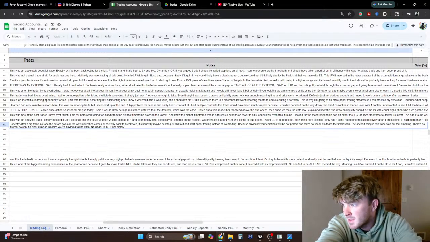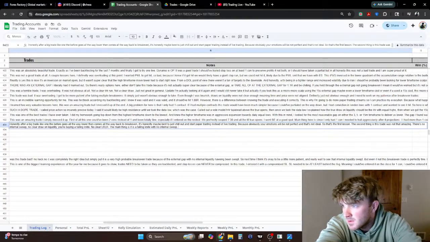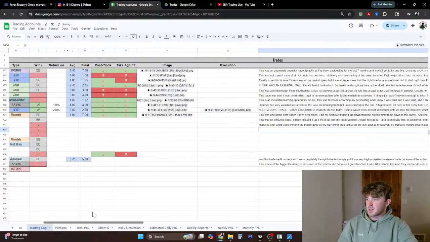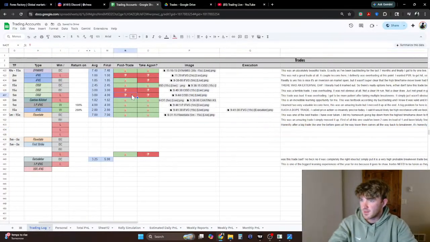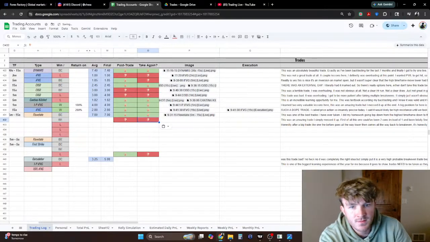The main thing is it is a falling knife with no internal sweep, which makes the trade not that good. So with this one, I would give it post trade disapproval, and I would also say would not take again.